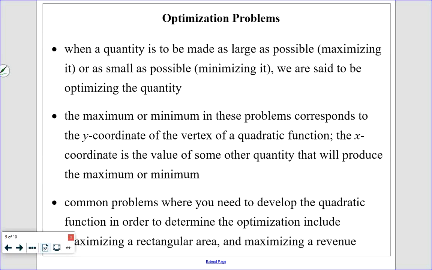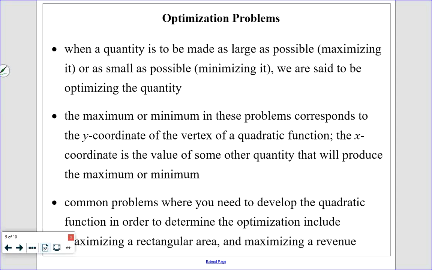Optimization problems are covered in all 3 sections. But ultimately, when you want a quantity to be made as big as possible, like profit, or as small as possible, like cost, we are said to be optimizing the quantity. The maximum or minimum that you're after in these problems is always the y-coordinate of the vertex.